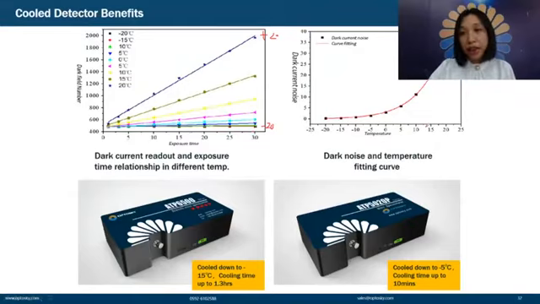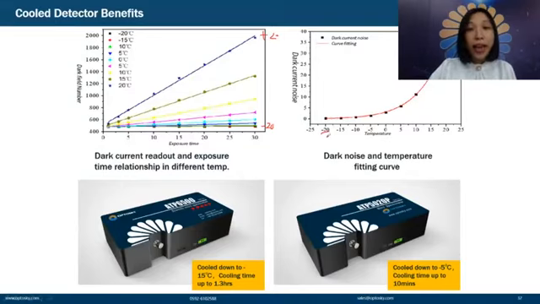We turn to the left graph. We can see the dark noise also rises sharply with the temperature. If you are cooling to minus 20, the noise is so low. And if you are rising up to this one, the noise is so big.